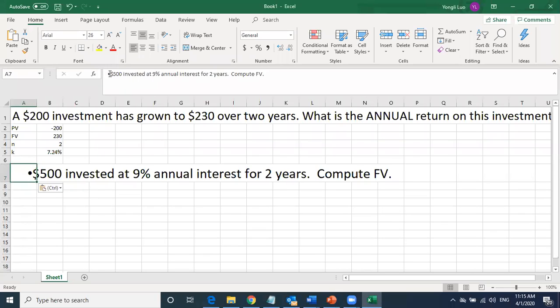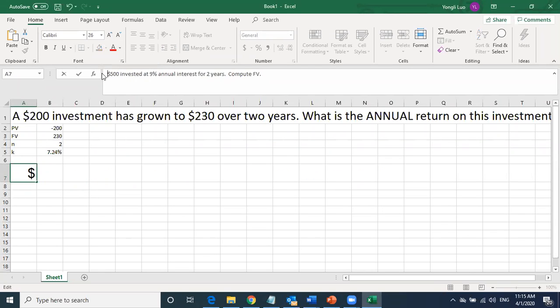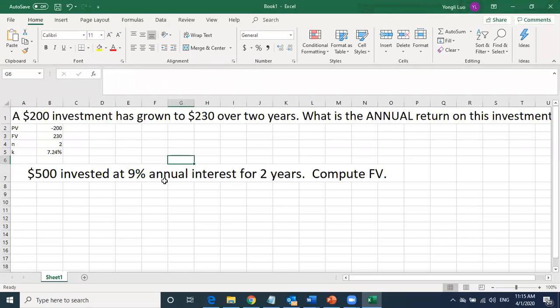You have a $500 investment at 9% annual interest rate for 2 years. You compute the future value. First we have the present value, which is negative 500. Make sure that you have the investment as negative 500, otherwise you cannot get a solution.